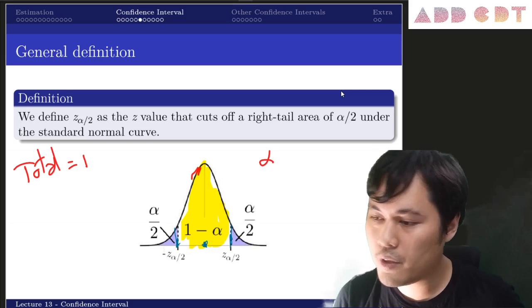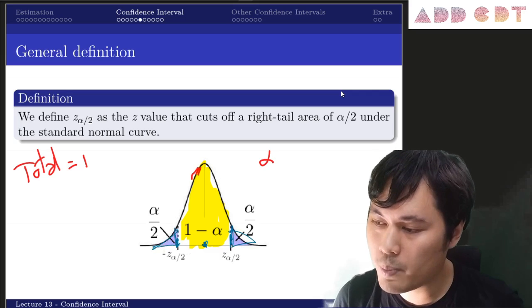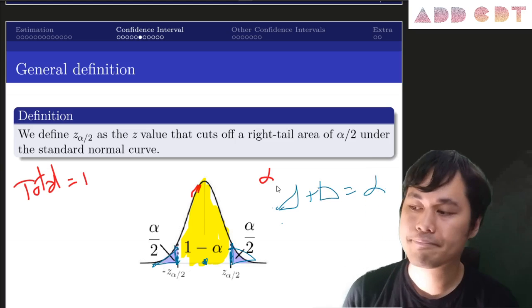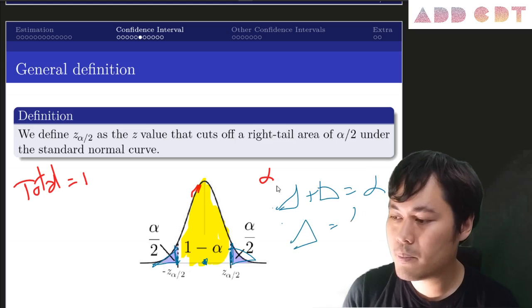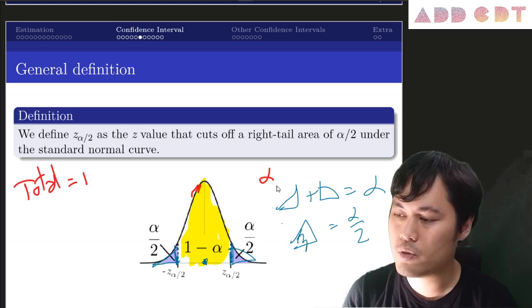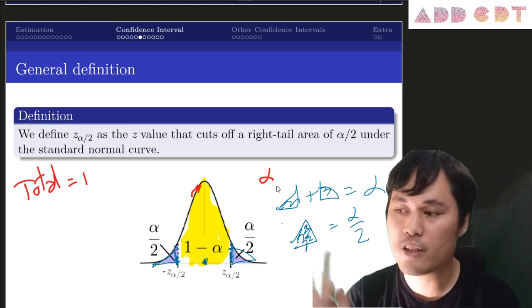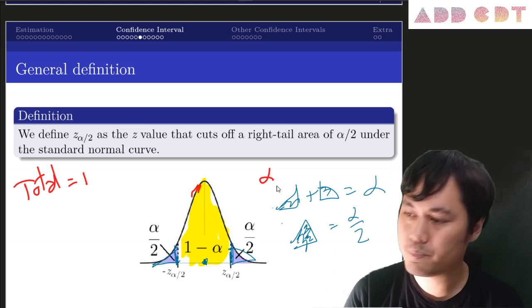So if these 2 parts have total area alpha, then one of them has to be alpha over 2. So now we want the area of each part to be alpha over 2, alpha and a half.